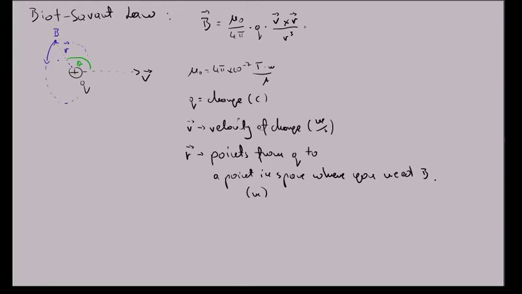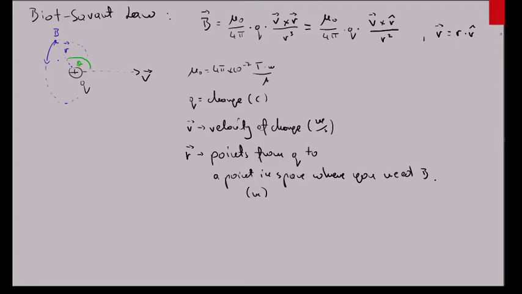Now, if you go back to the equation up here, you could rewrite this as mu naught over 4 pi times Q times V cross R hat, where this is a unit vector. It points in the direction of R, but it has a magnitude of 1, divided by R squared. These two equations are the same because vector R is the same thing as the magnitude of R times R hat.